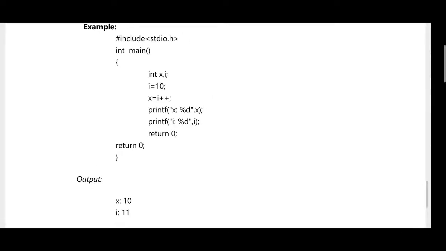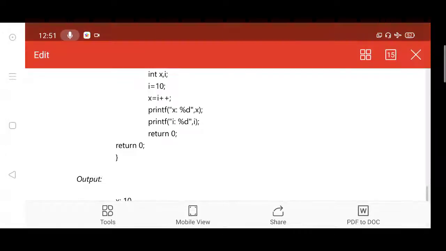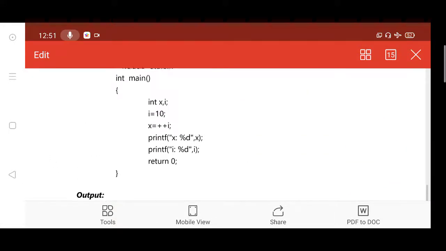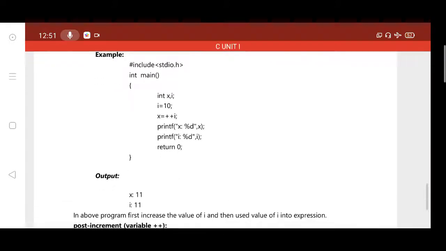Same example: include stdio.h, integer main, int x, i = 10, x = i++ (post increment). Here you have to see the pre increment and post increment.